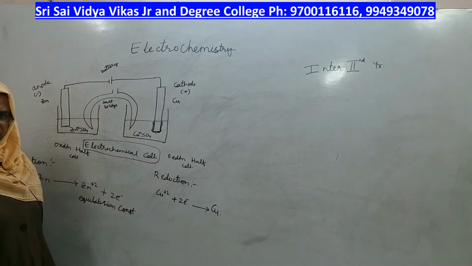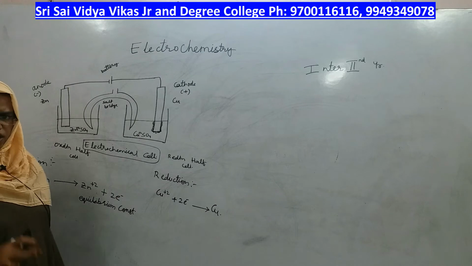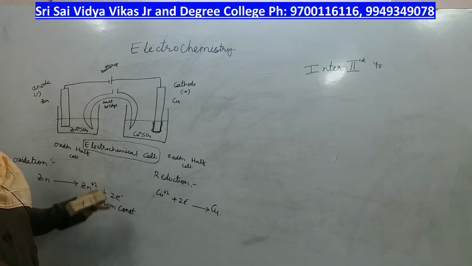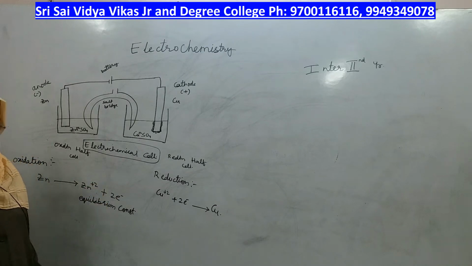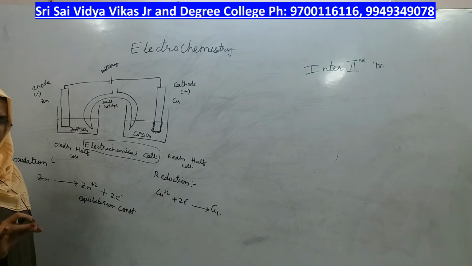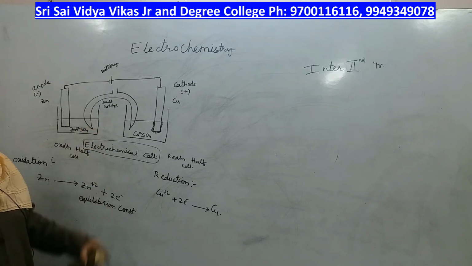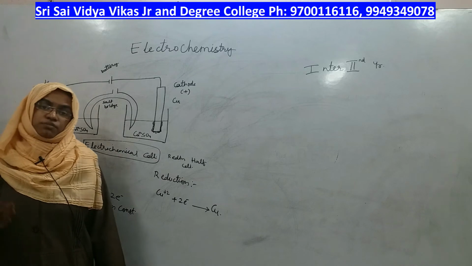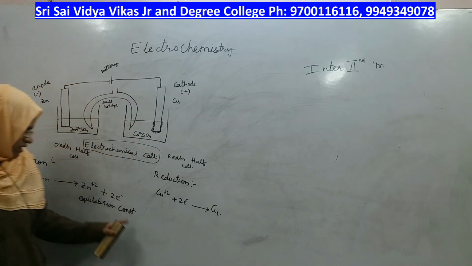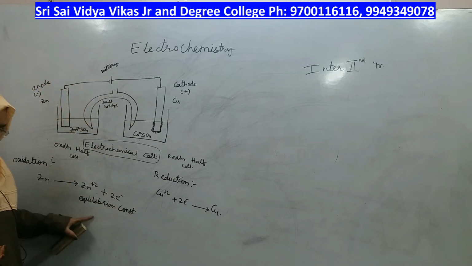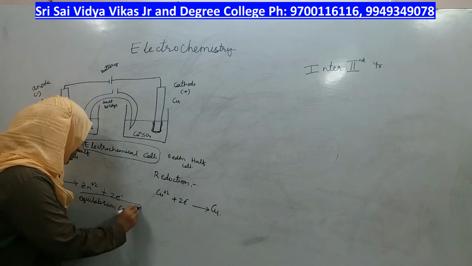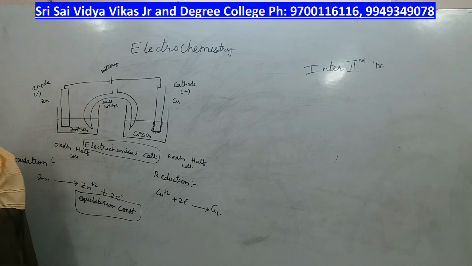If the cell reaches equilibrium, that means the cell can no longer work. If you want that cell to work after this, you have to supply electrical energy yourself. Till now the cell was working spontaneously, but after this point it can no longer work.